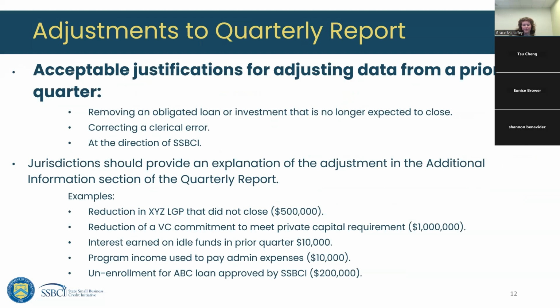The reasons for adjustments may include removing an obligated loan or investment that is no longer expected to close, correcting a clerical error such as transposition of a number, or when directed by SSBCI. If you have adjustments to report, please provide a brief explanation for the adjustment in the additional information section of the quarterly report.